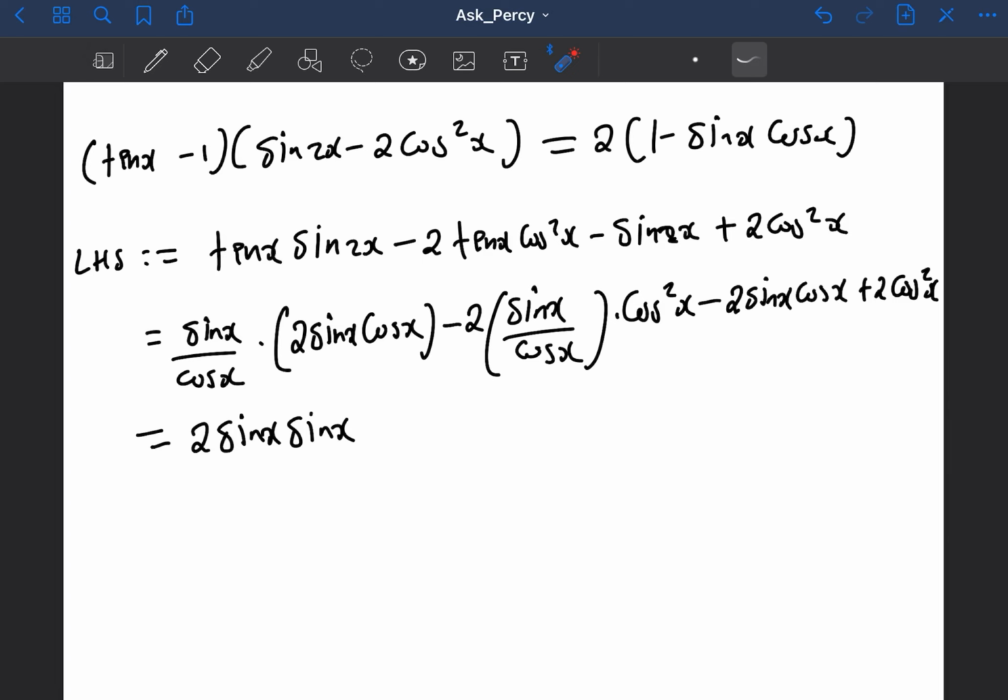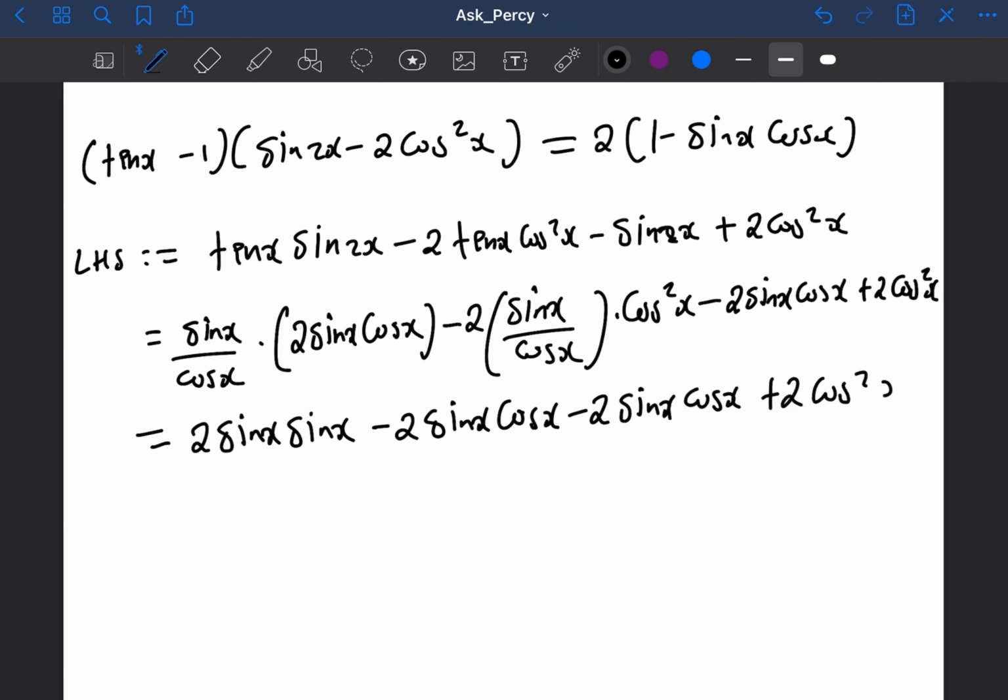So you'll be left with negative 2 sine x cos x. This is negative 2 sine x cos x plus 2 cos squared x.